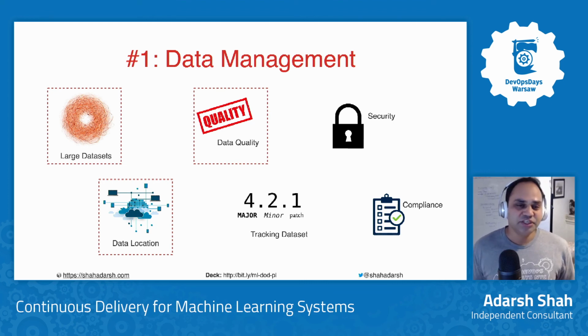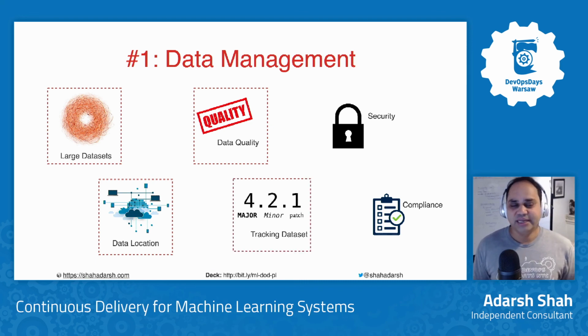And as I mentioned earlier, data quality is pretty important because that kind of drives the model quality. If the quality of data is not as good, you would not get good quality models. So focusing on the quality, making sure that it's really good is important. And then tracking data sets.